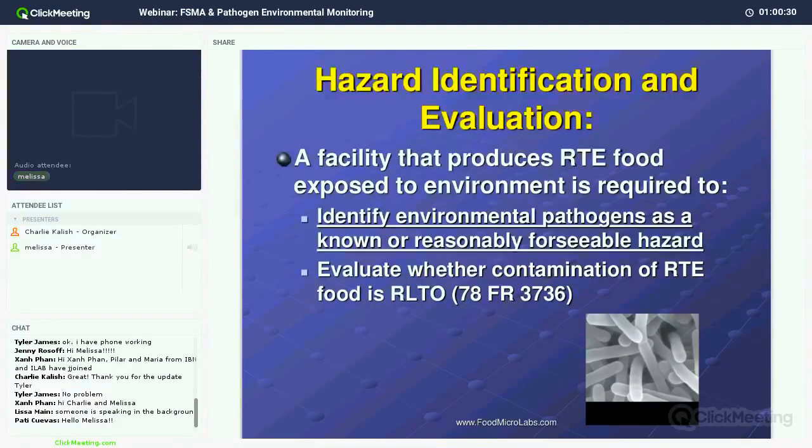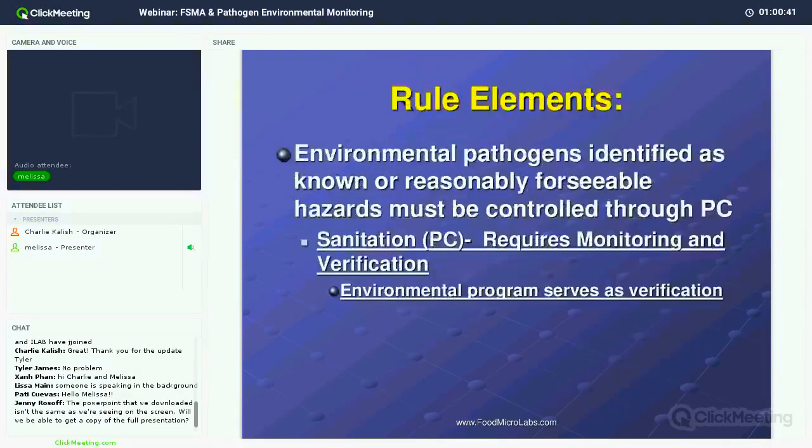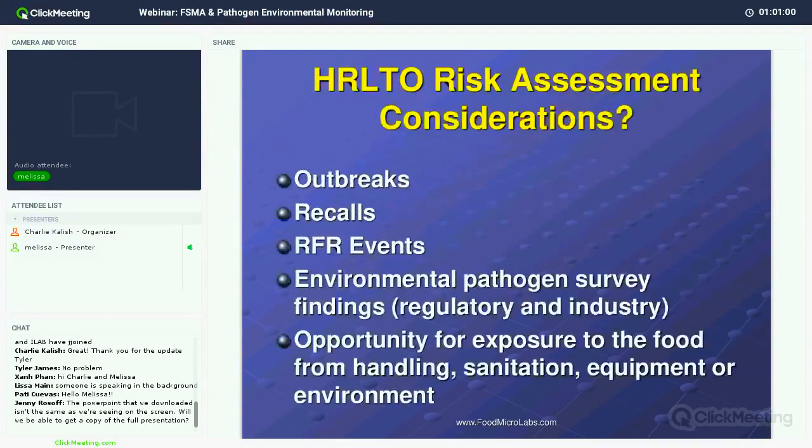They also say that an evaluation as to whether contamination of ready-to-eat food is reasonably likely to occur is required. So the elements of the rule are that monitoring and verification is necessary for relevant pathogens, and again, that environmental program serves as verification of effectiveness.